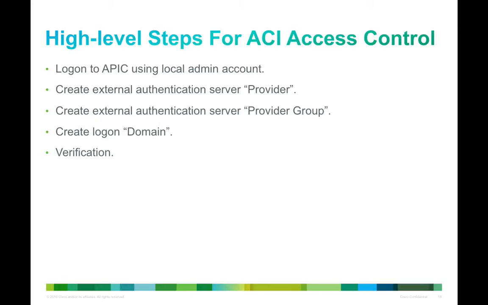In this lab topology, I have created two user IDs on my TACACS server. One is called admin that has full privileges in the ACI fabric, and the other one is admin-RO that has read-only privileges in the ACI fabric. So let me demonstrate how to configure TACACS in ACI.